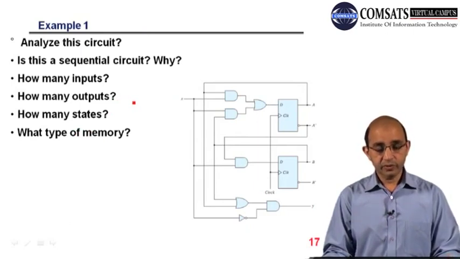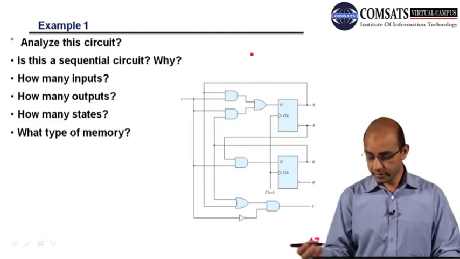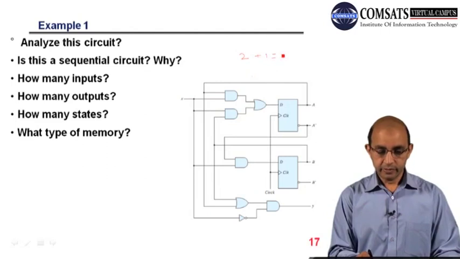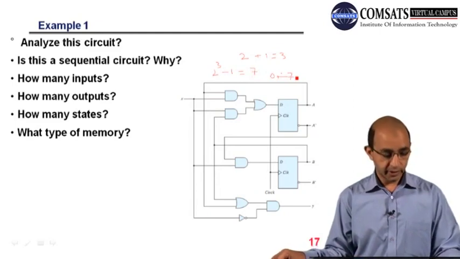And you can always calculate it this way: if we have 2 flip-flops and 1 input, so that is 3. So 2 raised to power 3 minus 1 is 7. If I start counting from 0, then 0 to 7. So these are the possible states.